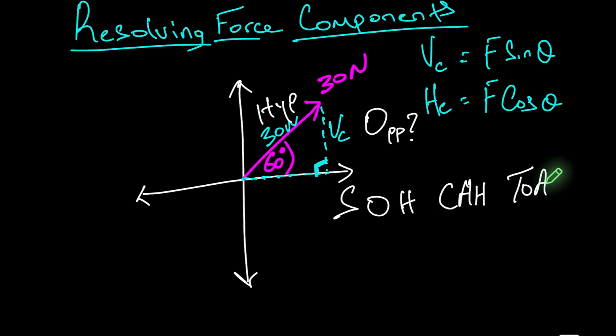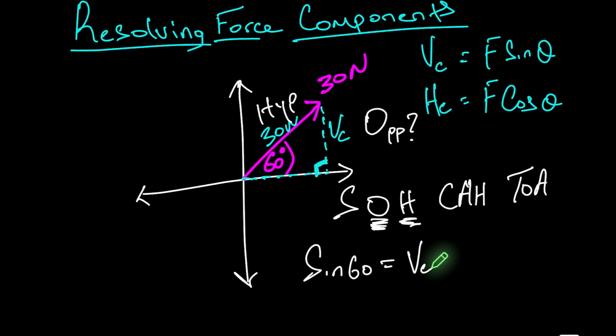what you will find is that we're interested in the opposite side, which is what we want to find, and we already have the hypotenuse. So what that means for us now is we would do sine of the angle, which is 60, equals the opposite, which is our unknown, VC, the vertical component, over the hypotenuse, which is our 30 newtons.